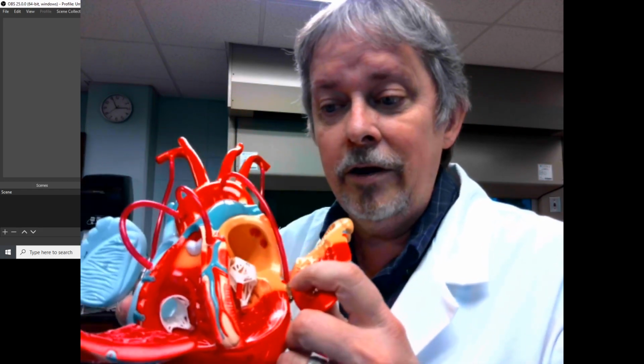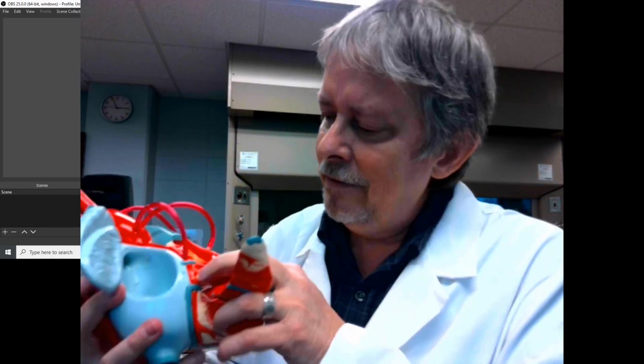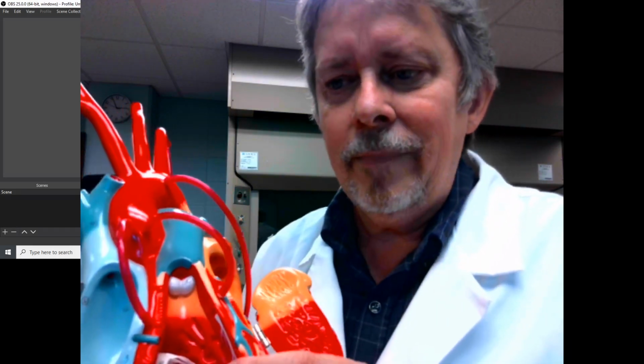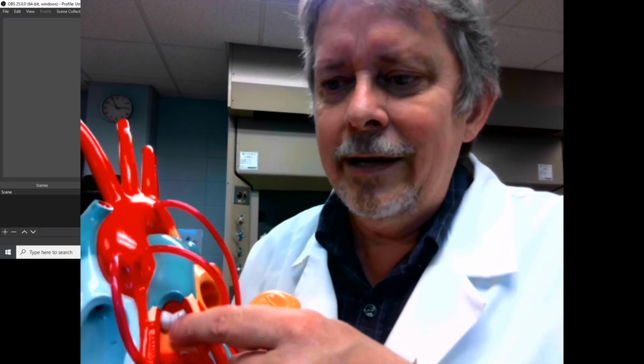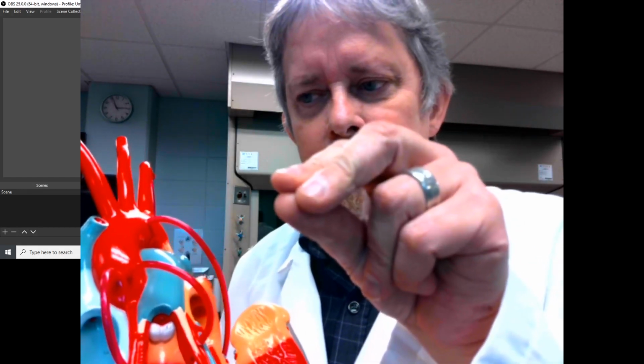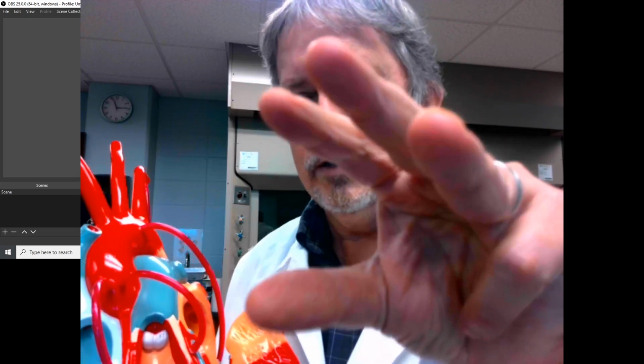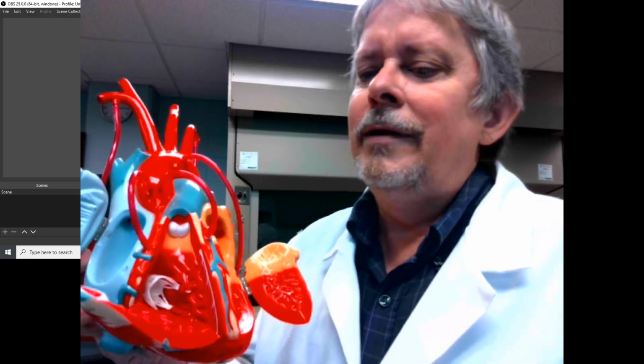If we look underneath here, and I'm hoping we can see it, there's another valve in the back here, and I don't think there's enough light. You can see this one right here. This little valve right here is a semilunar valve. You're only seeing half of it here. It's really made up of 4 parts that will then open and close. So that's a semilunar valve.